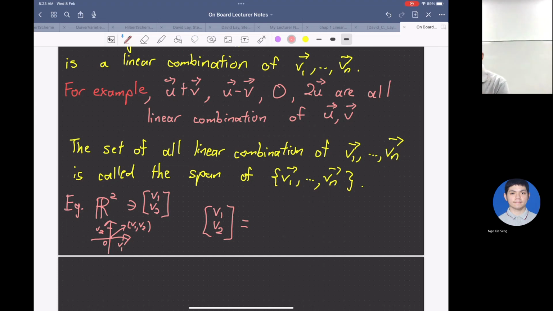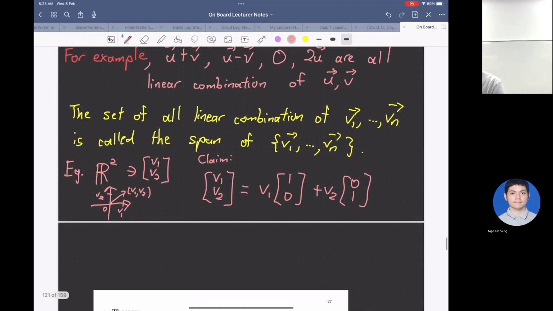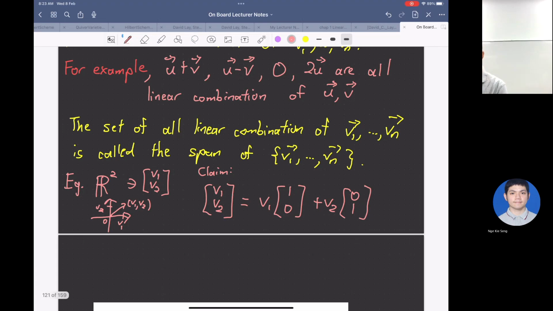The claim is every vector can be written as a linear combination of (1, 0) and (0, 1). From this equation, it looks true, right? Because when you expand this out, it's just any vector.